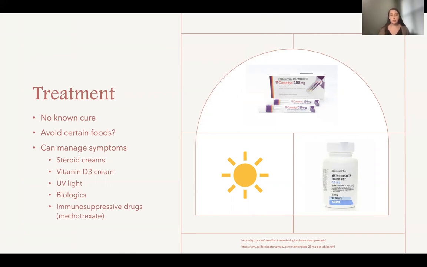Often individuals in the wintertime will have flare-ups of their psoriasis that will naturally resolve themselves in the summer with exposure to sunlight and more humidity in the environment. It's also being further researched, but they do believe that avoiding certain highly inflammatory foods, one of which being red meat, can help lessen the symptoms of psoriasis as well.